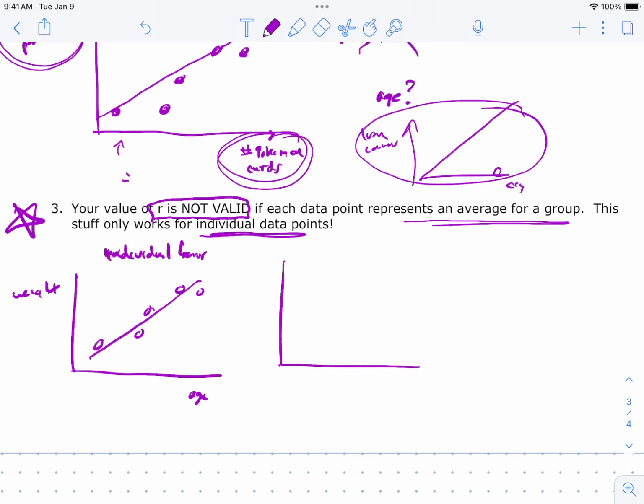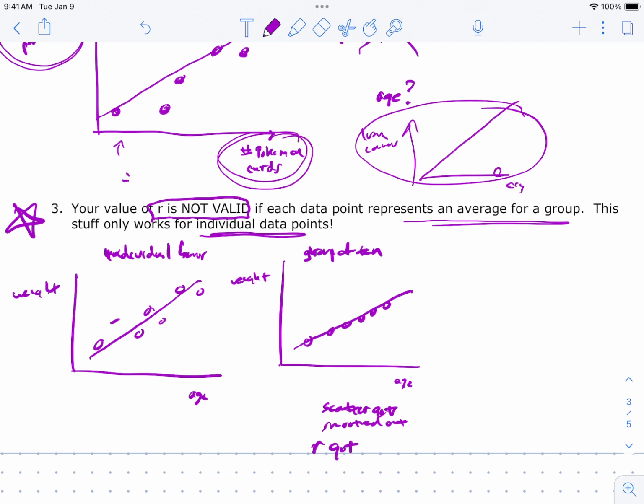Well, if you were to take the same data and package the bears into groups of 10, and then take that group of 10 bears and plot its average age versus its average weight, you're going to get a correlation all right, but it's going to look a lot better. It's going to clear out the scatter. Scatter gets smoothed out.